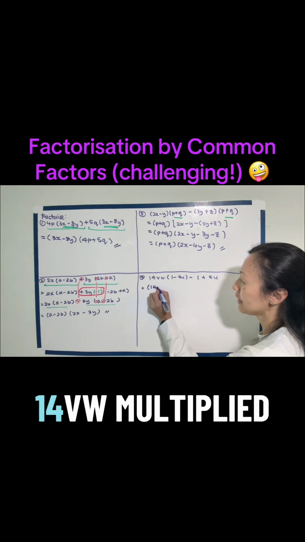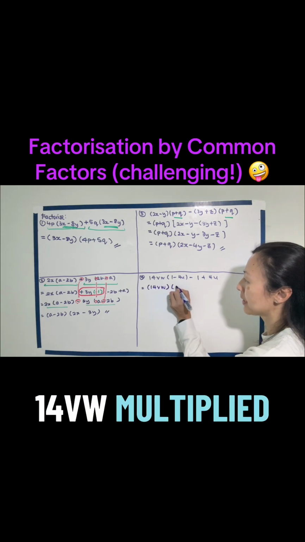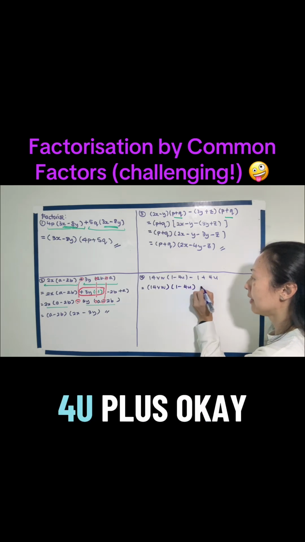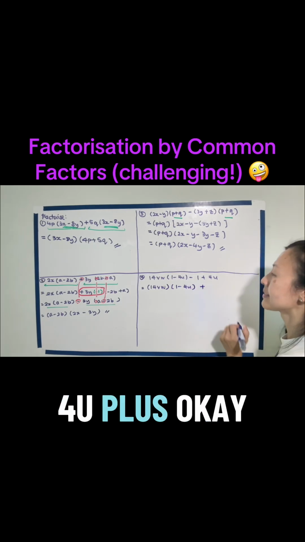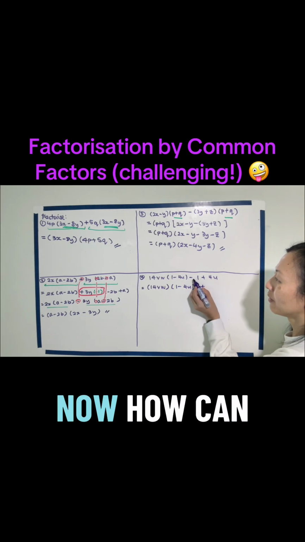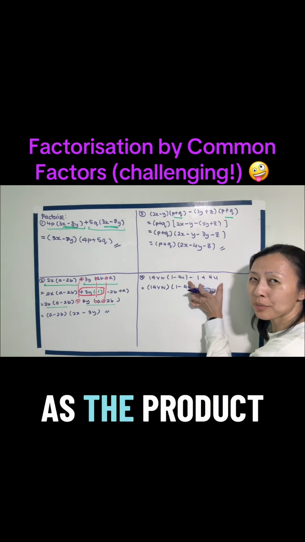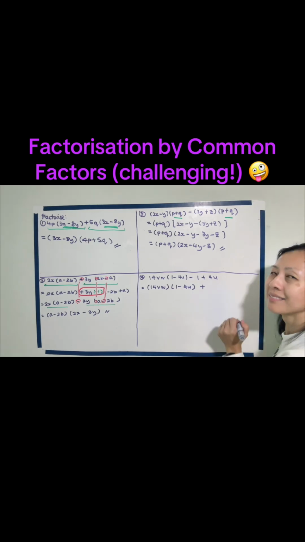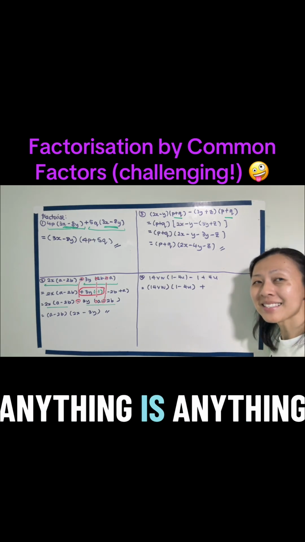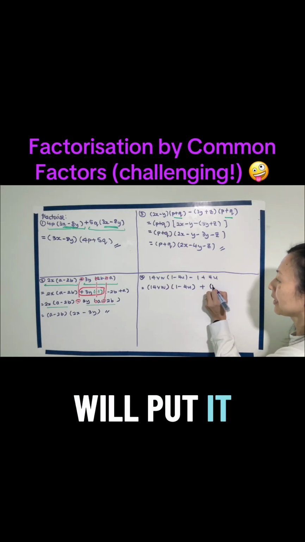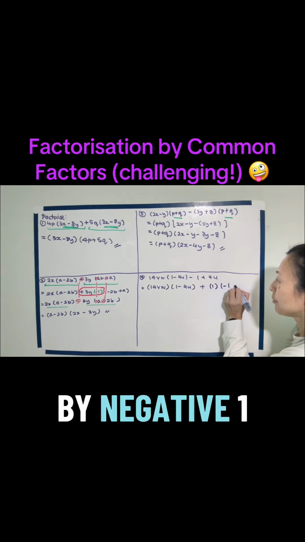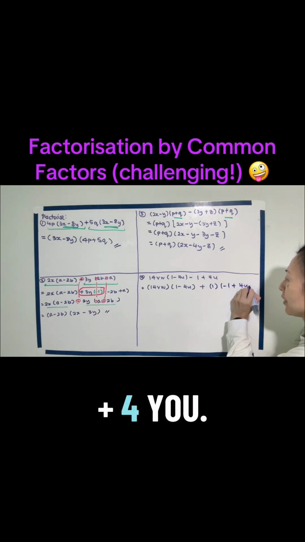I'll have 14vw multiplied by 1 minus 4u plus, okay, now how can I write this as the product of two terms? Well, 1 times anything is anything, right? So I will put it as 1 multiplied by negative 1 plus 4u.